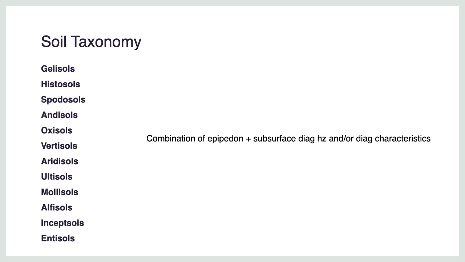Because, for example, some soils could fit the criteria for an Entisol, but actually fit the criteria for, for example, an Aridisol first. So if it fits the criteria for one of these highest orders at the beginning of the list, you need to classify it as one of those orders.